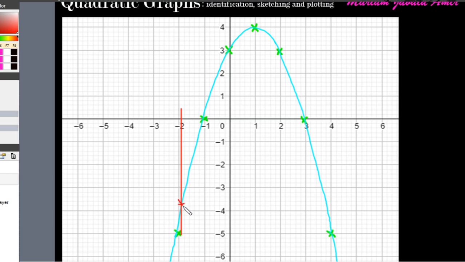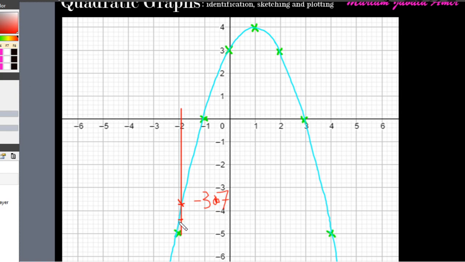Mine are cutting at this point, which is roughly y is equals to -3.7, let's say. So this is my answer. Your answer would be a little different. So I believe the answer in the marking scheme is -4.4. So probably your lines will cut somewhere over here.